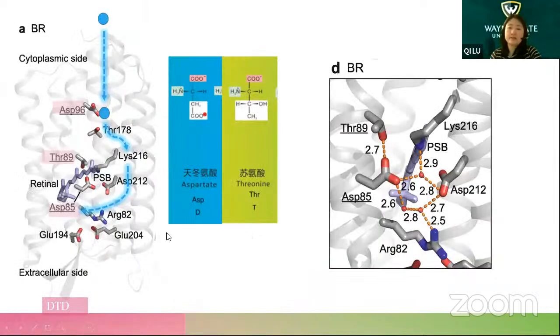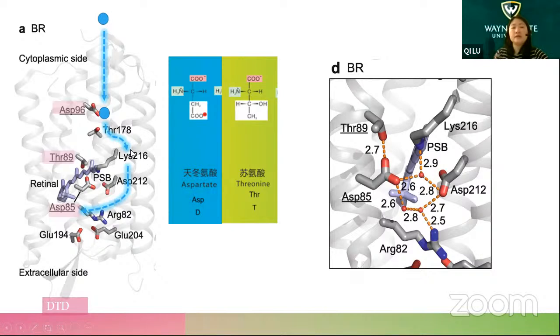So firstly, let's take a look at bacterial rhodopsin. Bacterial rhodopsin pumps the proton out of the cell. Firstly, the proton will come in from this direction, then bind to the aspartate 96 amino acid, which functions as a proton donor to the protonated Schiff base.